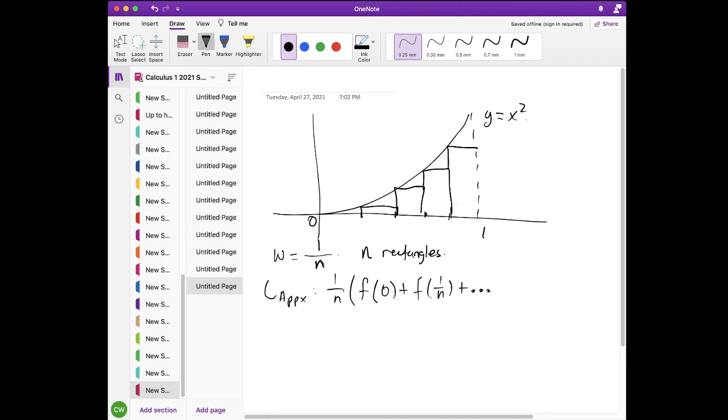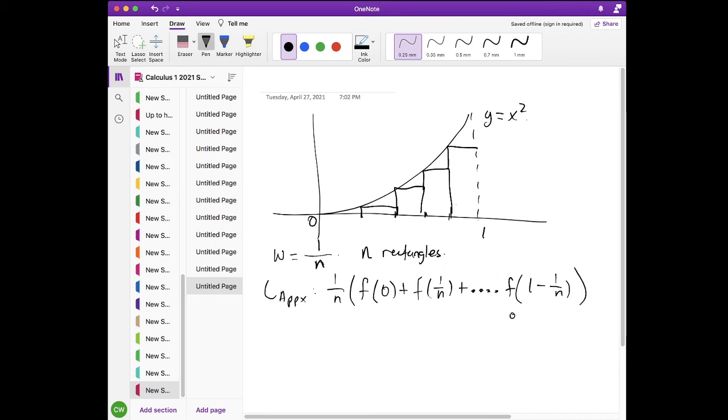And then what's the last rectangle we have? There are 2 ways of expressing it. You could have f of 1 minus 1 over n.